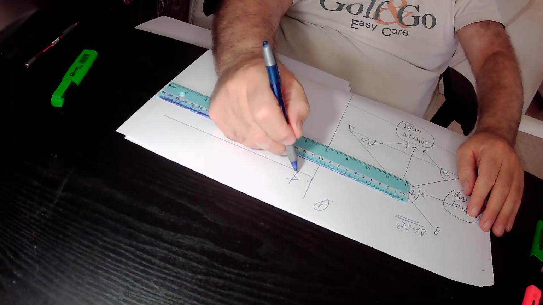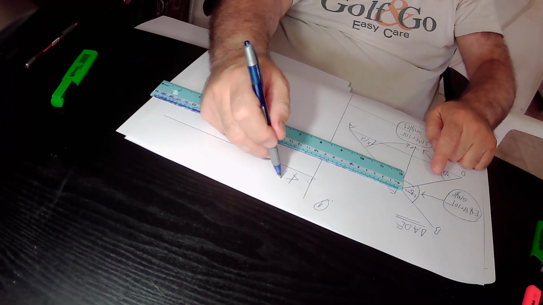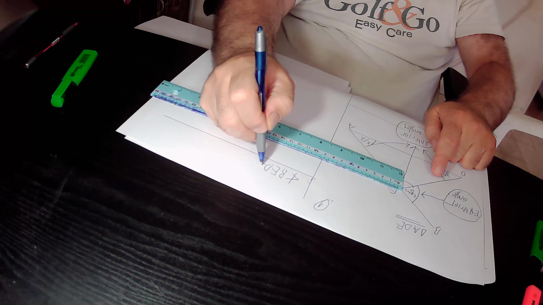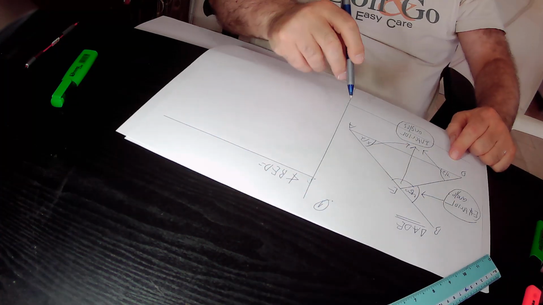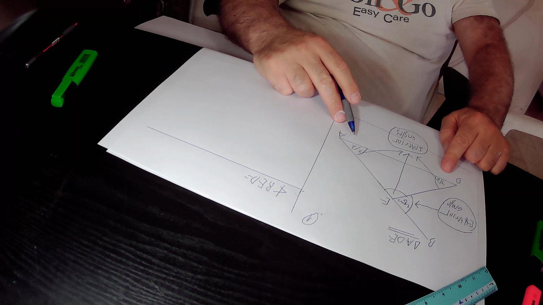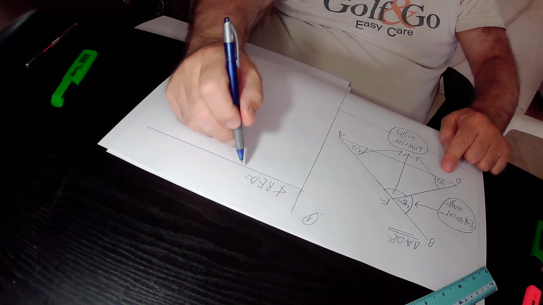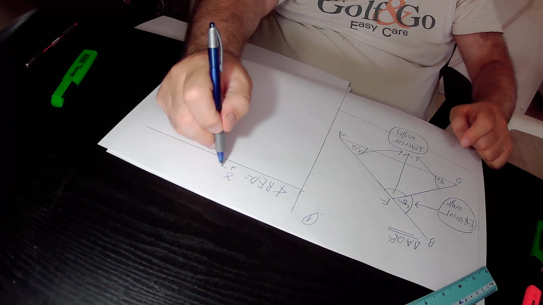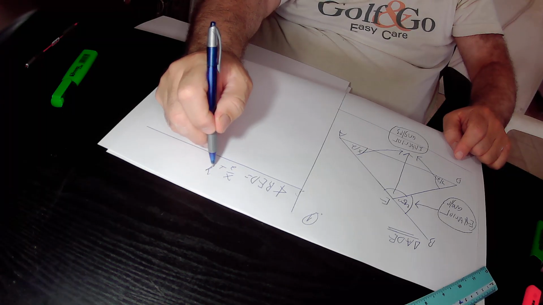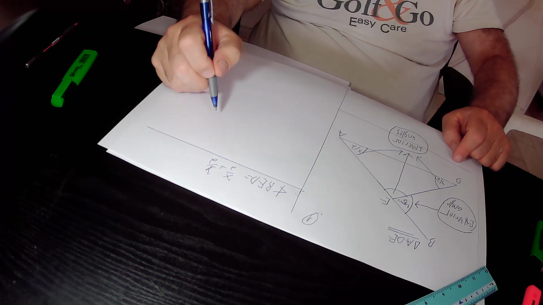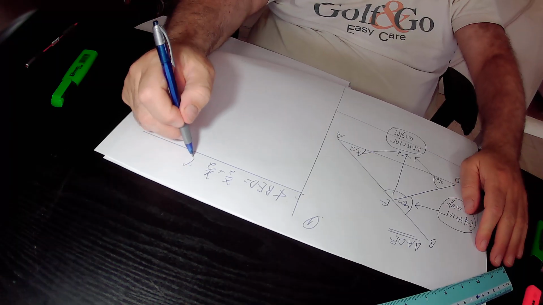According to rule 4, the size of the external angle BED is equal to the sum of the two interior angles that are not adjacent to it. That is to say, it is x over 2 plus y over 2. According to rule 4, of course.